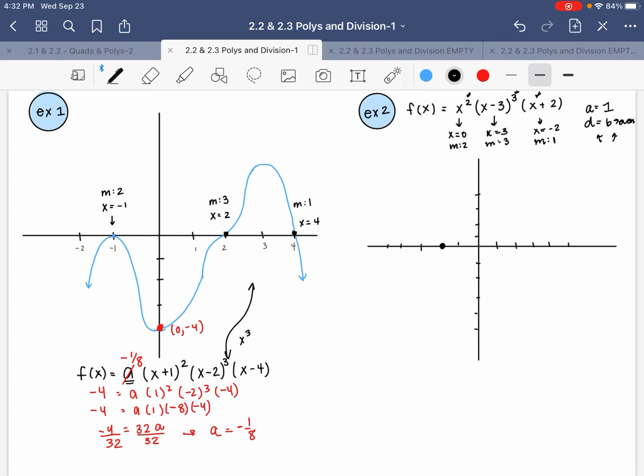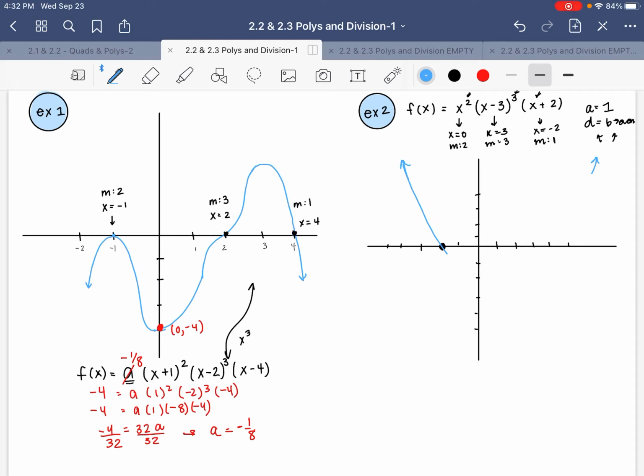Okay, so that's a little tangent, but it's necessary because I've got this multiplicity 1 here at x equals -2. And that's important because my end behavior starts here, ends here, so I know I'm coming down from here, and I'm going to cross there. Let's see.